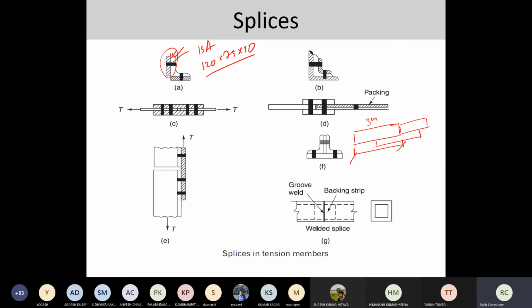It is utilized for making the entire member, either a tension member or a compression member, or any bridge deck, because in a bridge, the entire 30 meter length cannot be made with a single member. You have to have your splicing.